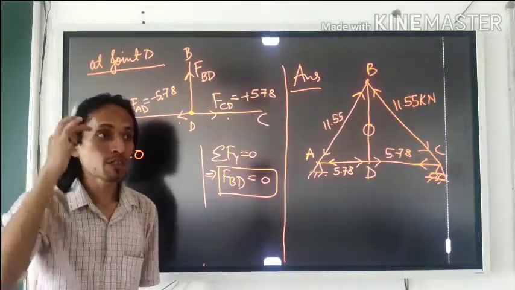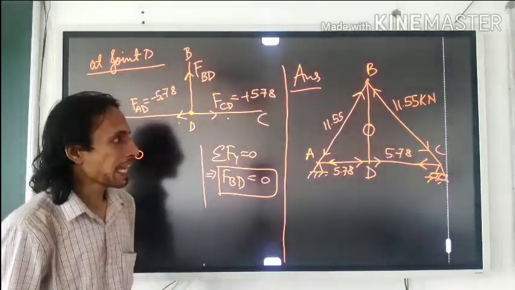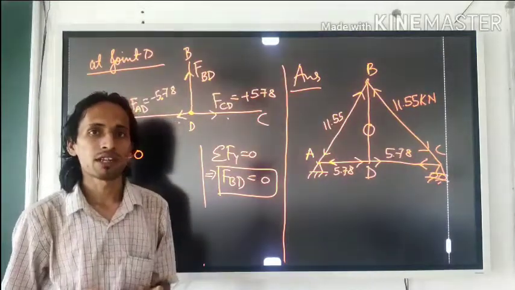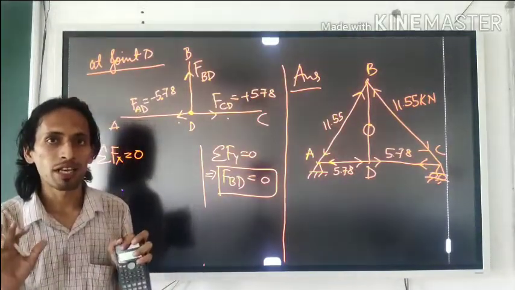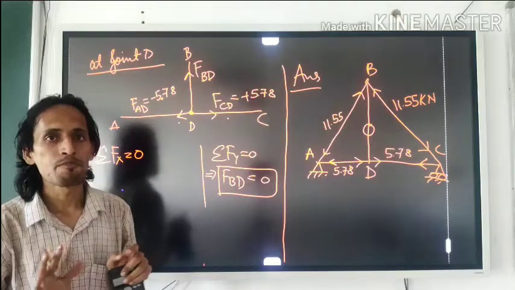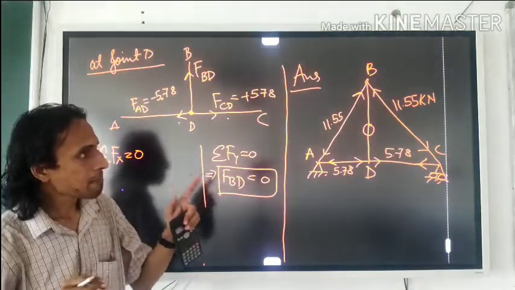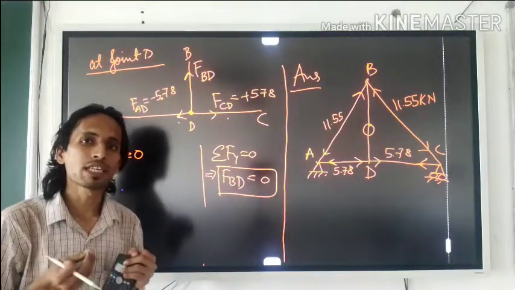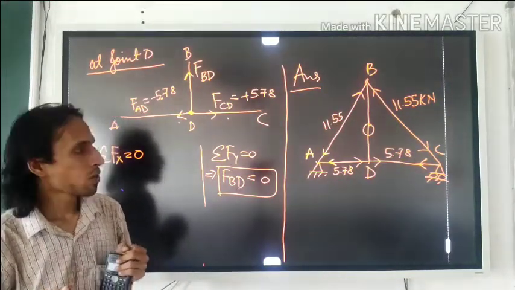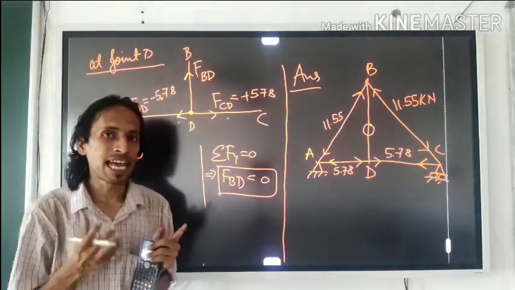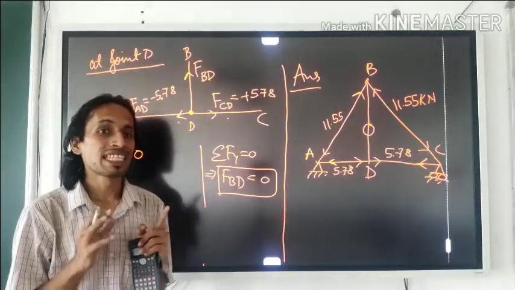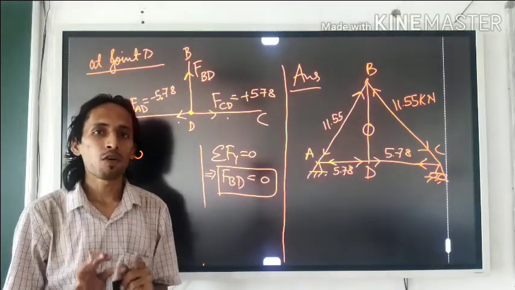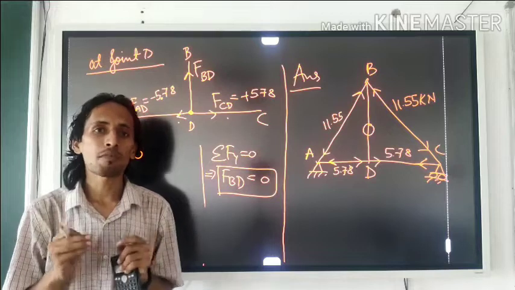So if you somehow make a truss in which member BD is not even taking force, is not doing its work there, then the member BD is useless, because it does not contribute in the load bearing. If you design a truss in such a way that a few members are not taking forces, then it will be a waste of money.